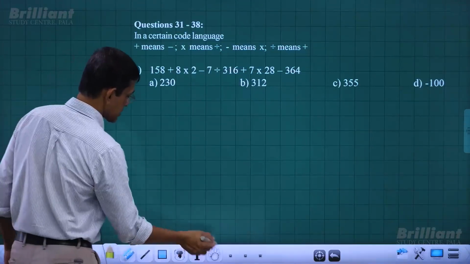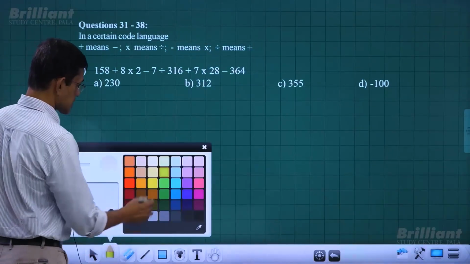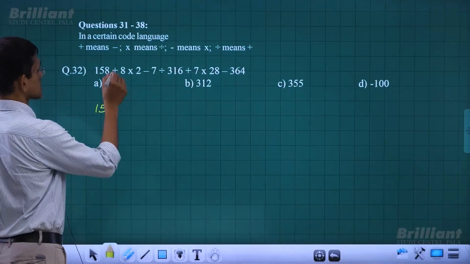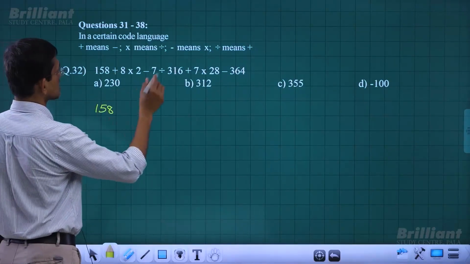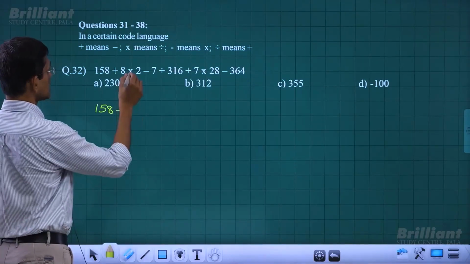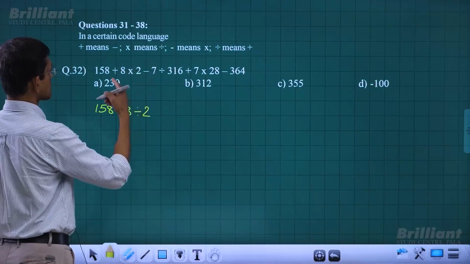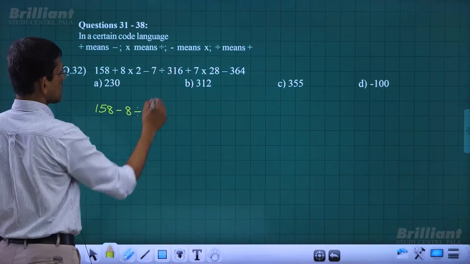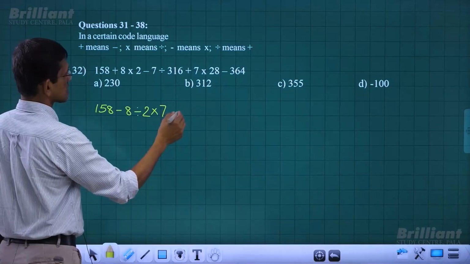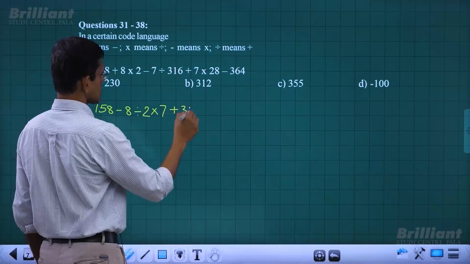Now question number 32, a similar type of question. The numbers are different, so let's try this. 158 plus, which means minus, 158 minus 8 into, which means divided by 2, then minus, which means multiplication, 7, then division means plus, plus 316.